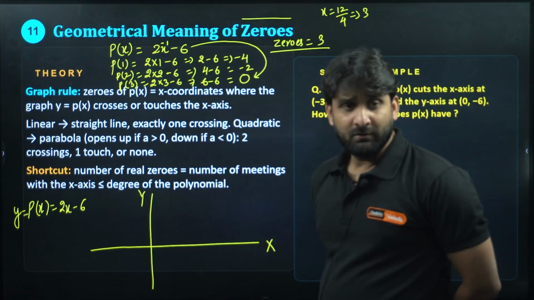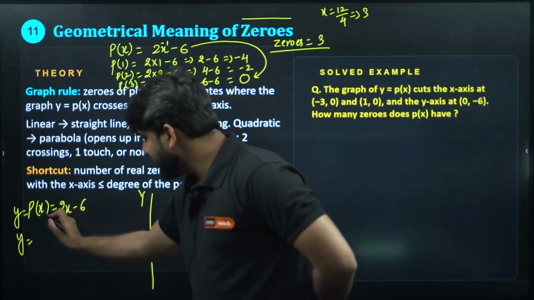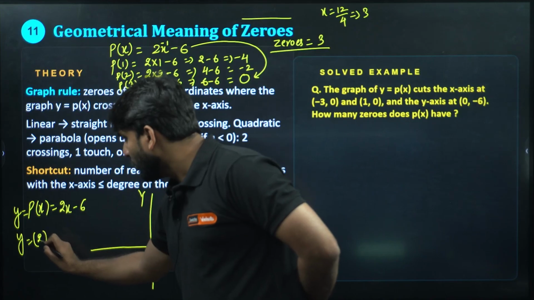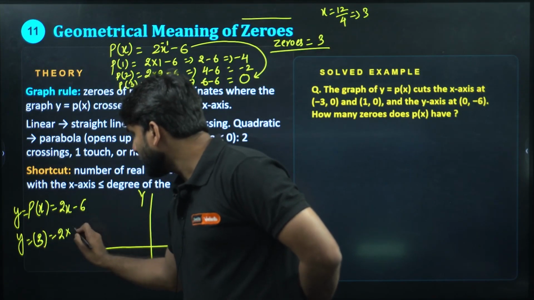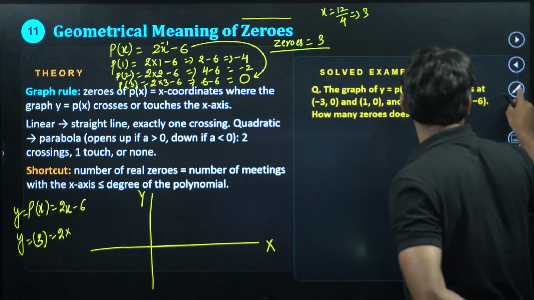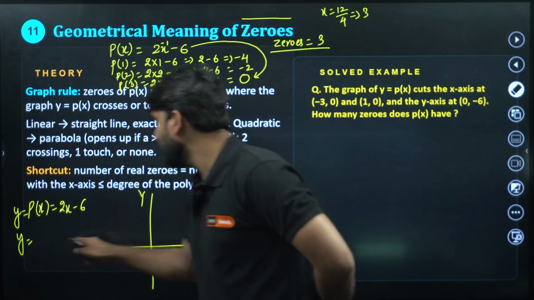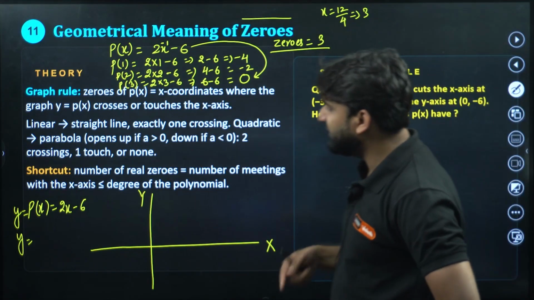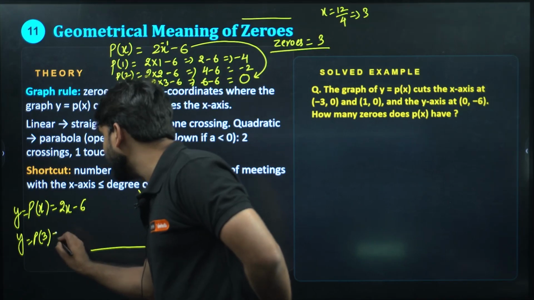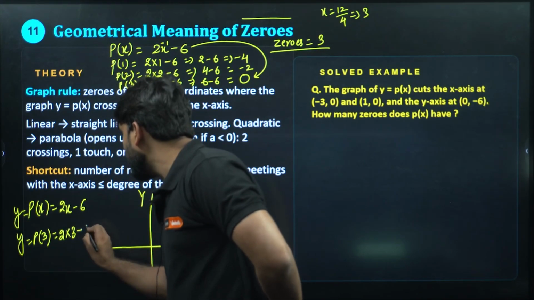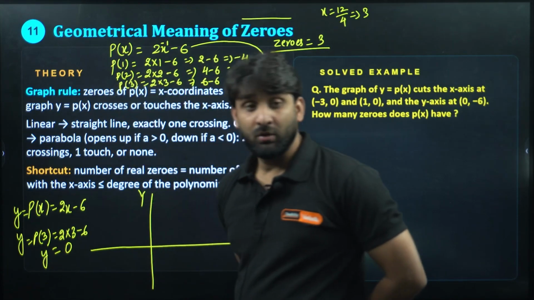Now can you see here, if we put x is equal to 3, so 2 into 3 minus 6, what are we getting here? Please understand everyone, I am using a very simple method to make you learn this concept. 2 into 3 minus 6 is equal to 0. y will become 0.